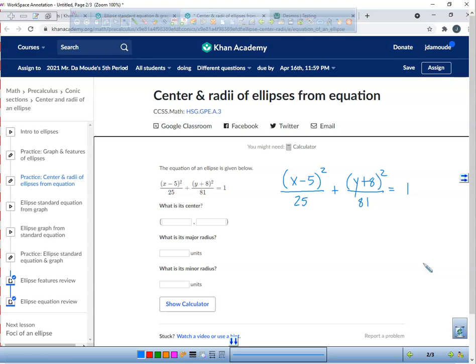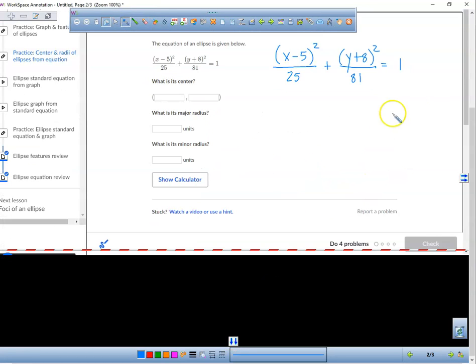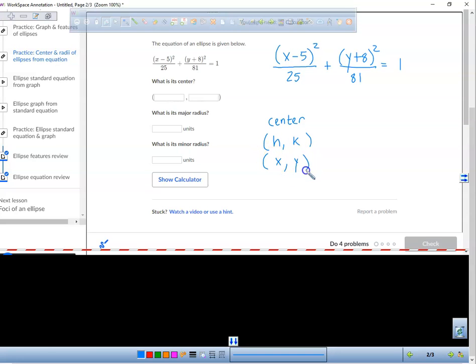All right. So what I'd like you guys to do right now is we need to find what's called the center of the ellipse. All right. Now the center of the ellipse is going to be what's called the h and the k value, but it's going to be the x value and the y value of the ellipse.